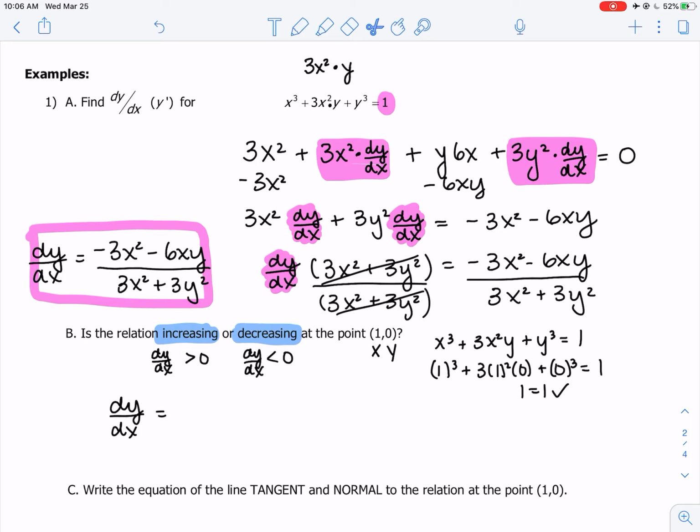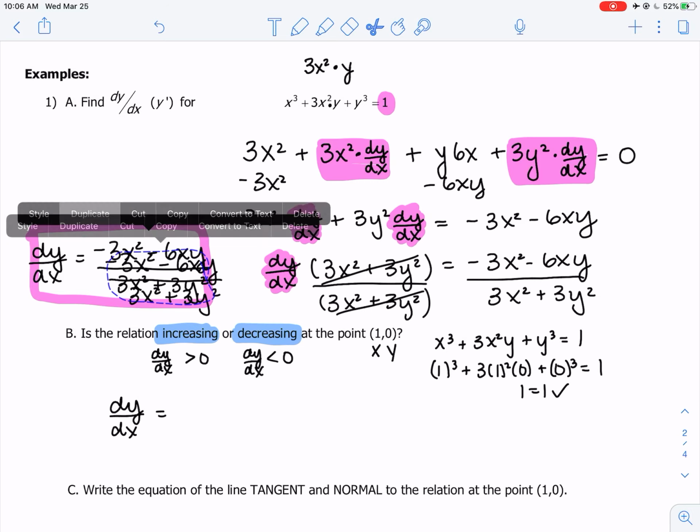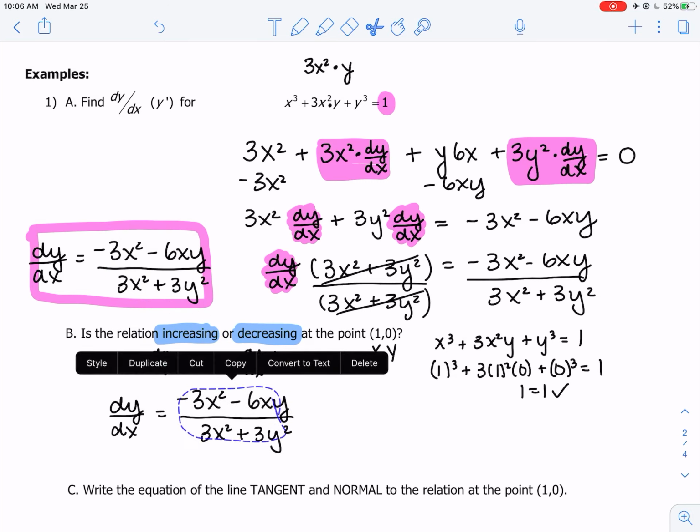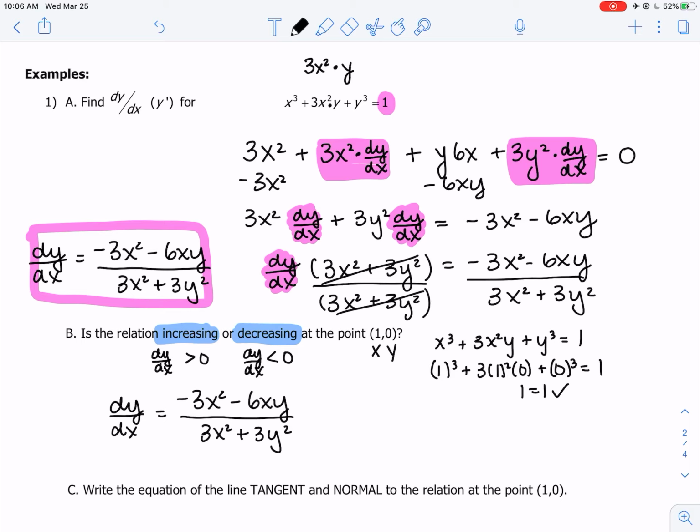Notice our derivative was already found for us, right? So we're just going to move that down, okay? And all we need to do is put in the value for x and the value for y. That's negative 3 times 1 squared plus 6 times 1 times 0 all over 3 times 1 squared plus 3 times 0 squared.